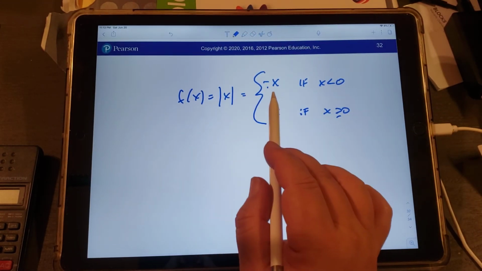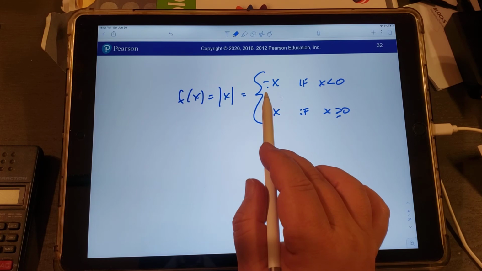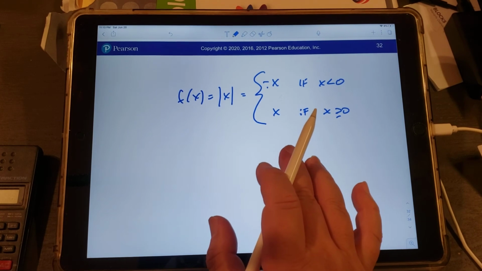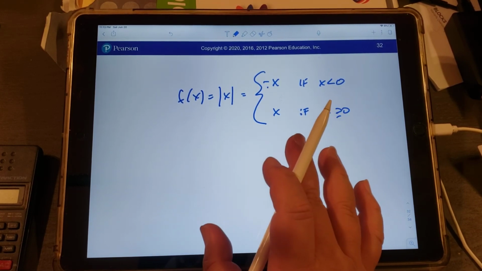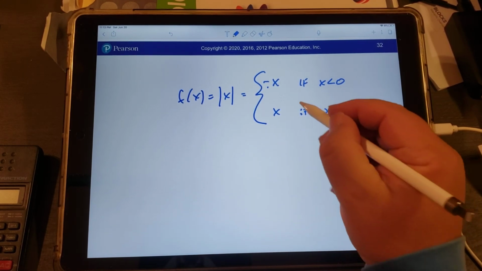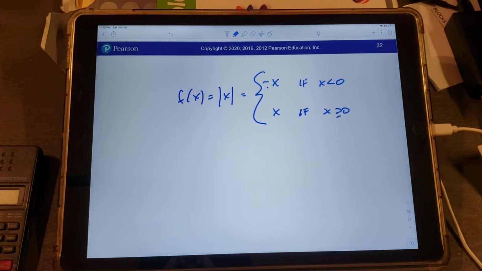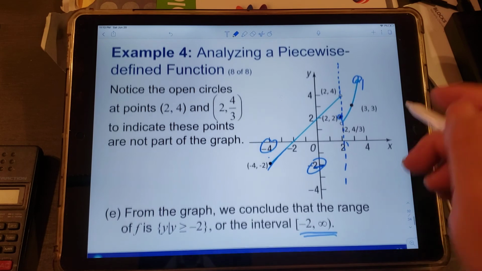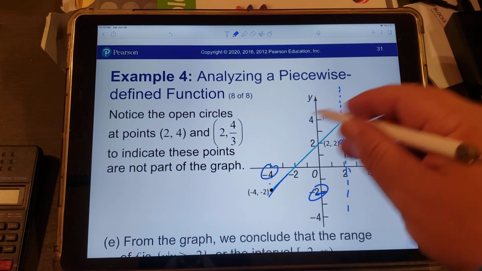So absolute value can be thought of as a piecewise defined function. And it's certainly a function you've been familiar with for a long time. So you should know that piecewise defined functions aren't this obscure thing that the author's just concocting to create weird graphs like that.